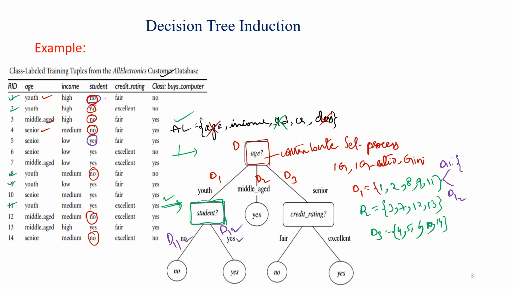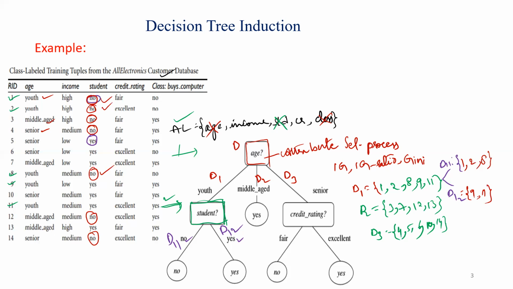This is 1, this is 2, and 8 is there, 9 is not there. Out of all these, 1, 2, no need to consider 3 because that is not in D1. Directly you can consider 8. So these fall under D11, whereas the leftover 9 and 11 fall under D12.